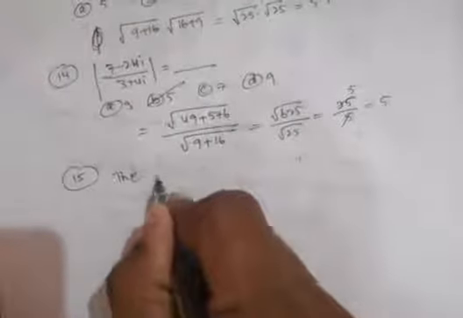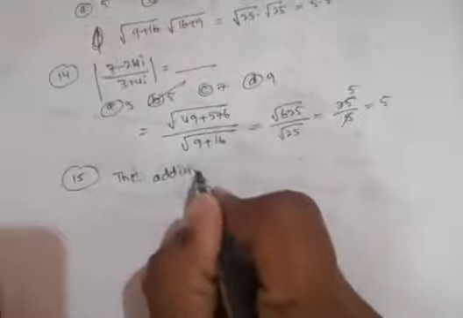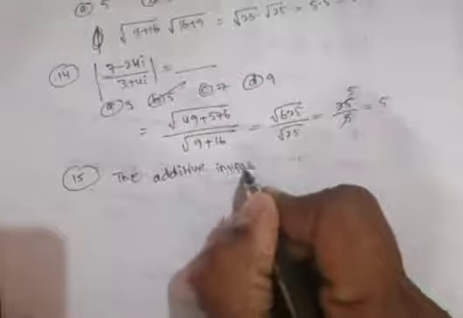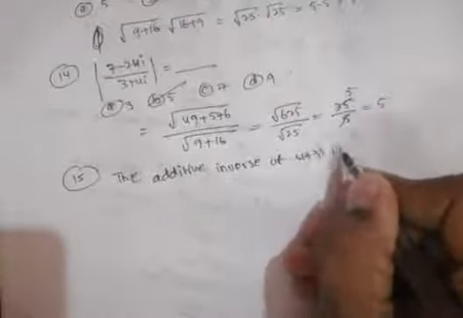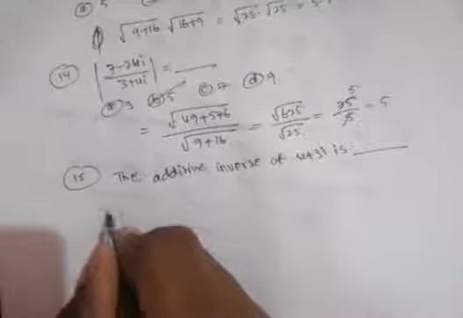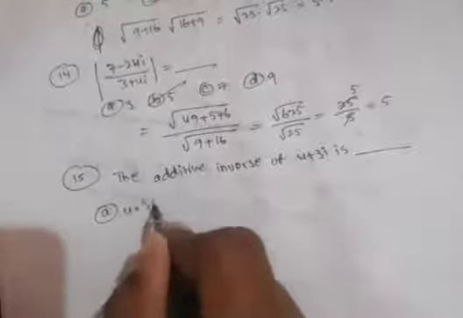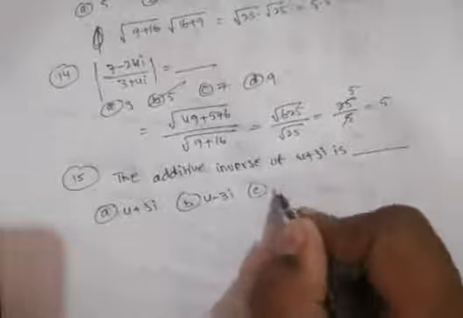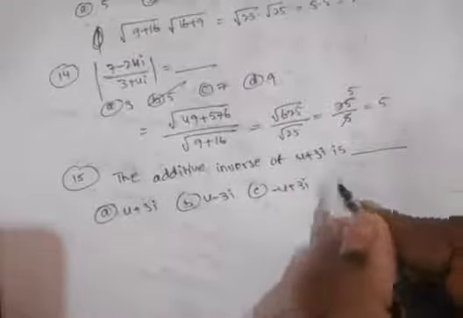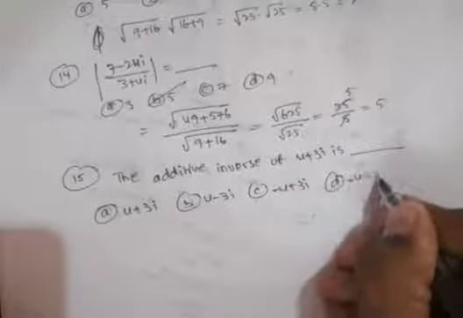The additive inverse of 4 plus 3i is dash. Option A 4 plus 3i, option B 4 minus 3i, option C minus 4 plus 3i, option D minus 4 minus 3i.